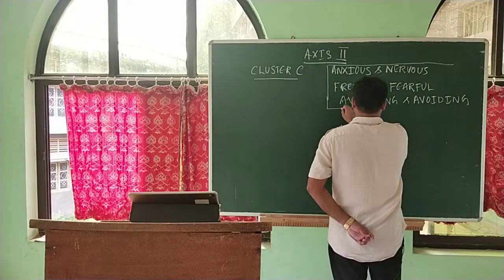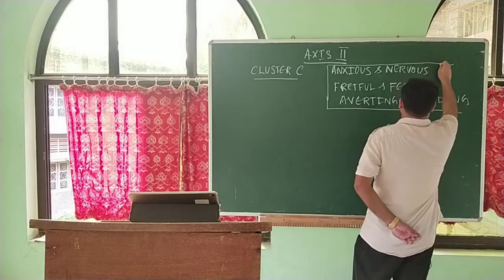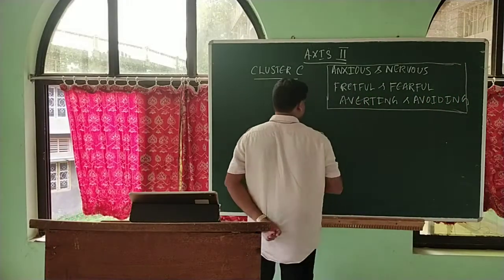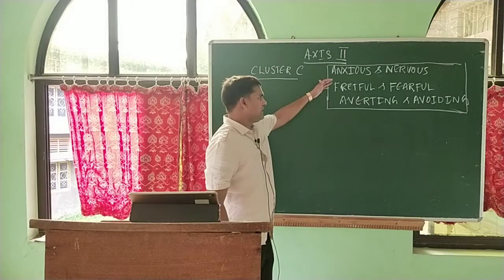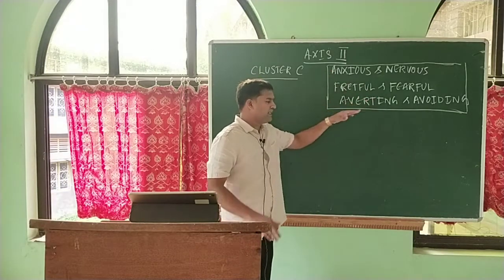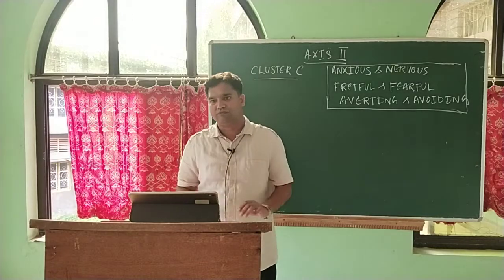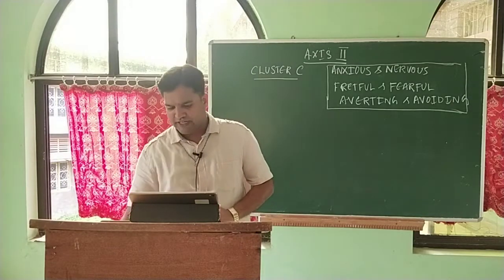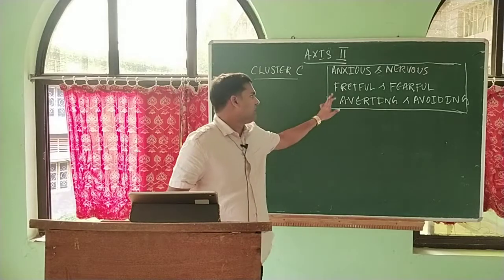They are basically anxious and nervous, fretful and fearful, averting and avoiding. Because of their anxiety and nervousness, they will always be fearful and they will be avoiding things, avoiding people. So basically they are avoiding. There is a lot of anxiety and a lot of nervousness.